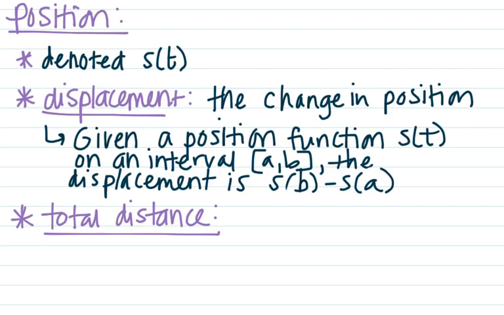Maybe I went to get coffee and then I had to go to a gas station and then do all these other errands, and then I ended up at school. So the displacement would be the same no matter what I did on my commute. However, the total distance can vary greatly. So this might seem redundant, but it's basically the total change in position.